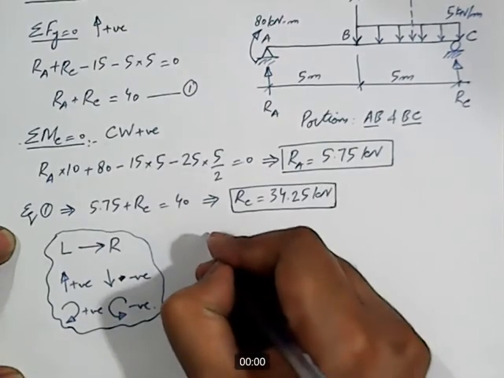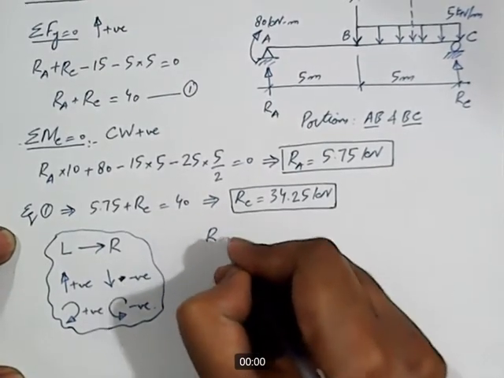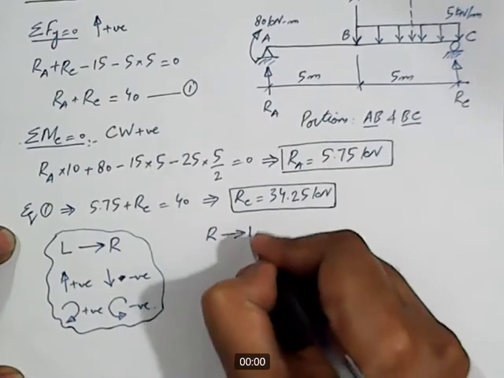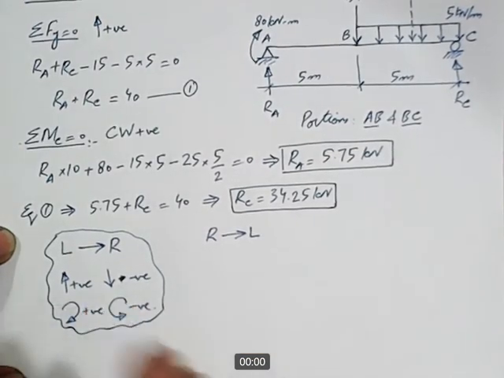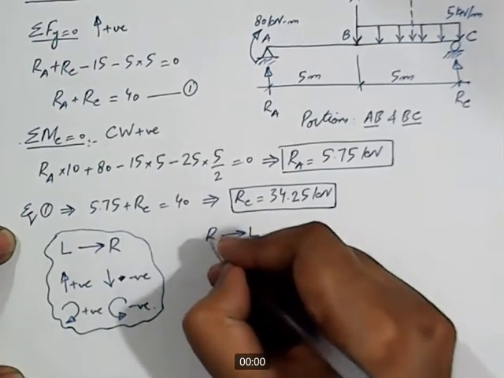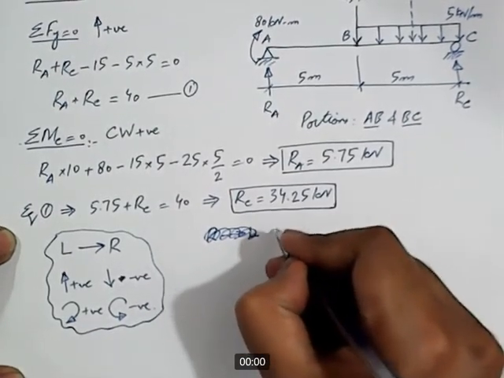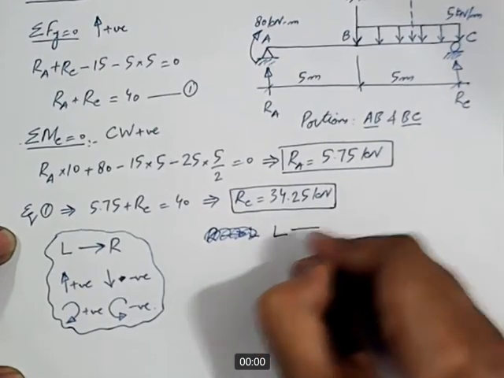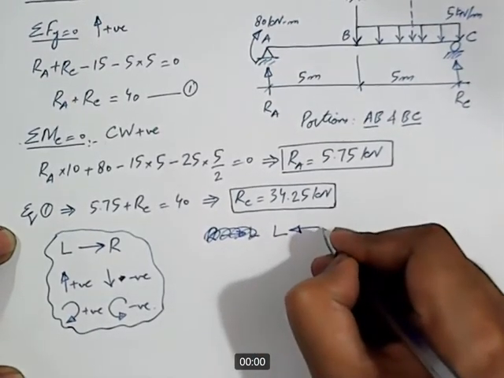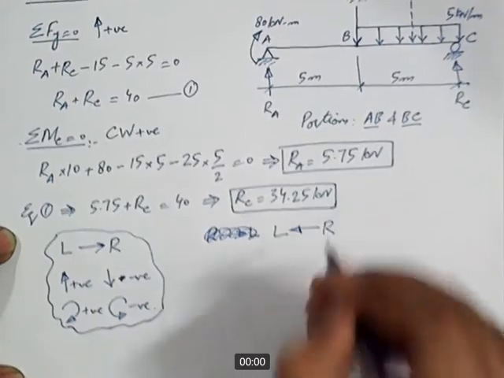Now, what we are going to learn today is what should be our convention when we move from right to left side. Or maybe it's better that I keep right and left the same, but I change this arrow direction, from left to right to right to left.